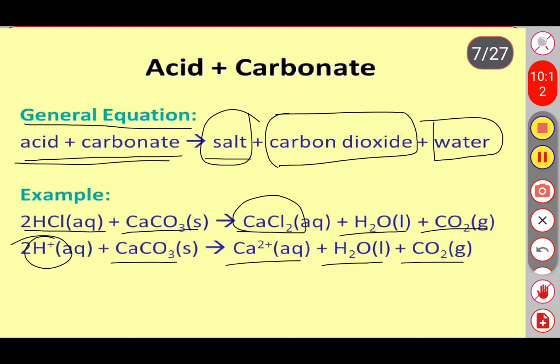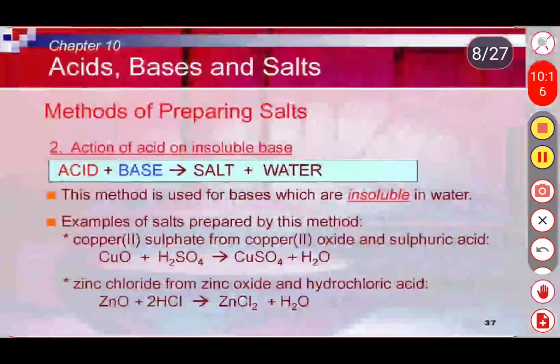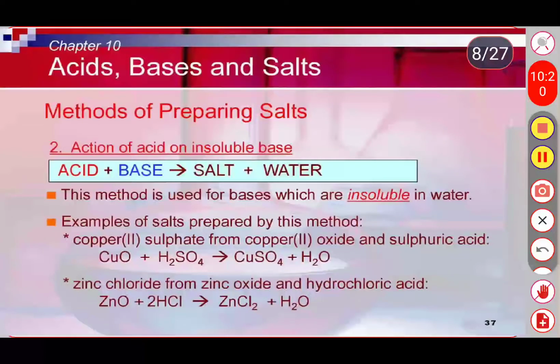So see the next type, that is methods of preparation. In that, we are going to prepare salts by adding acids and bases. Action of acids on insoluble bases. Soluble bases are alkalis; insoluble bases are those other than alkalis, right?